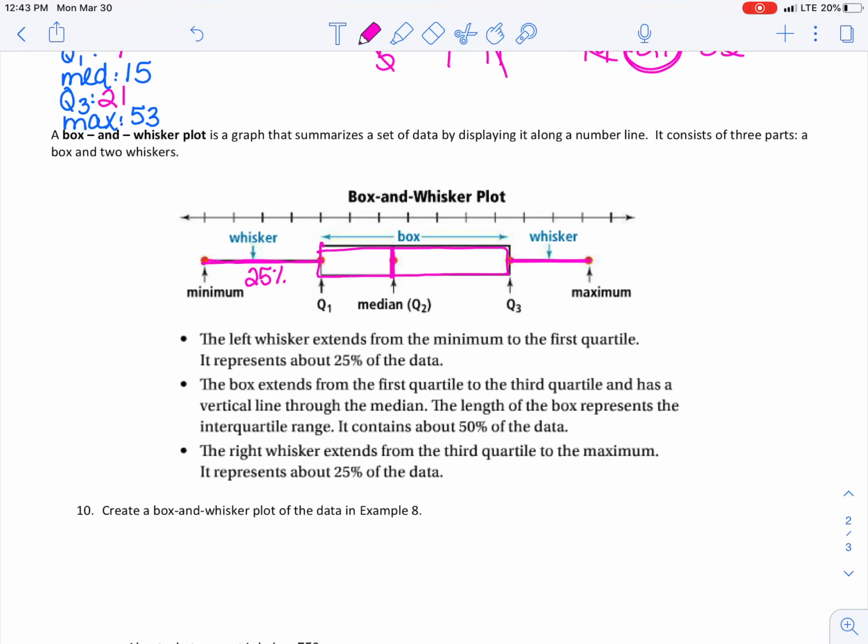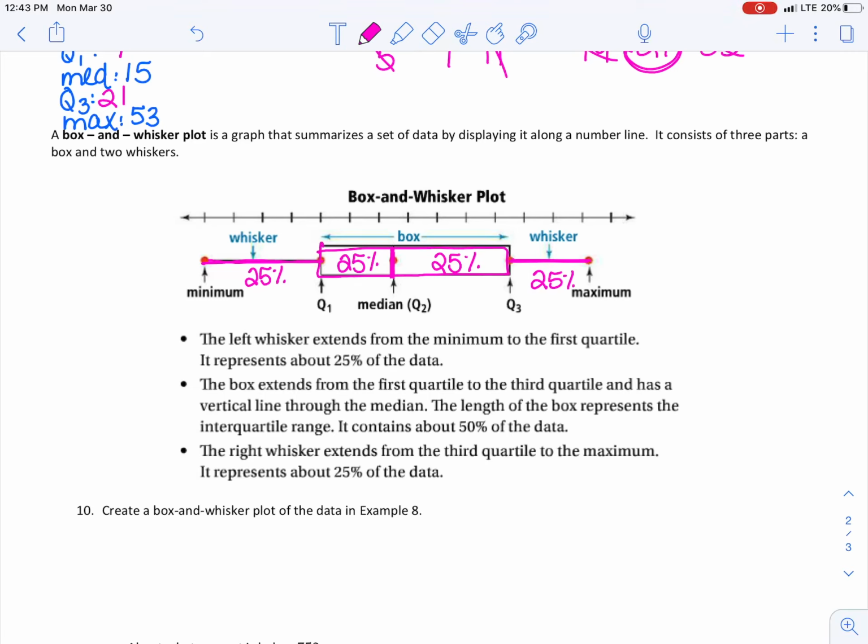The length of the box represents the interquartile range, and it contains about 50% of the data, which means that each part here is 25%, and this is 25%. The right whisker extends from the third quartile to the maximum, and it represents 25% of the data. This is kind of like what we were talking about earlier. Each portion is 25% of the data, to add up to a total of 100%.